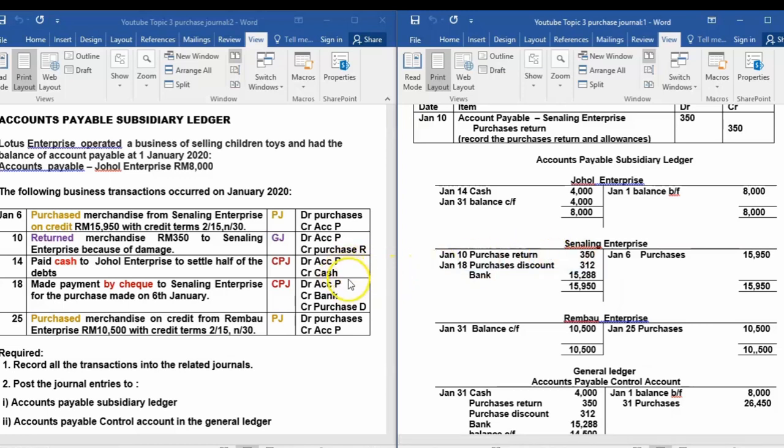And the third transaction, made payment to Senali Enterprise. Debit account payable, credit bank, credit purchase discount.